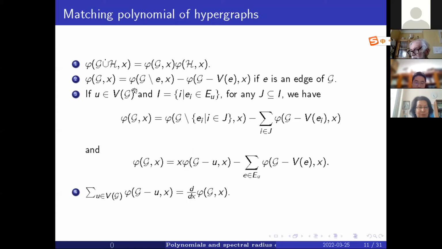These two results, these two recursive formulas for the matching polynomial, will be used several times.